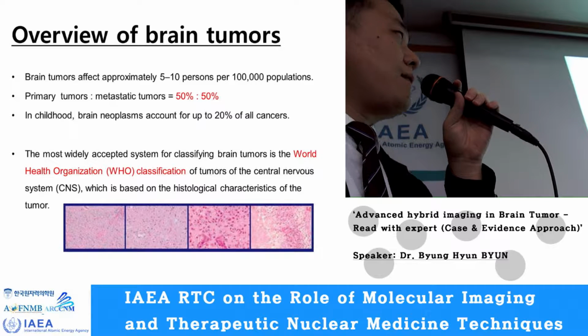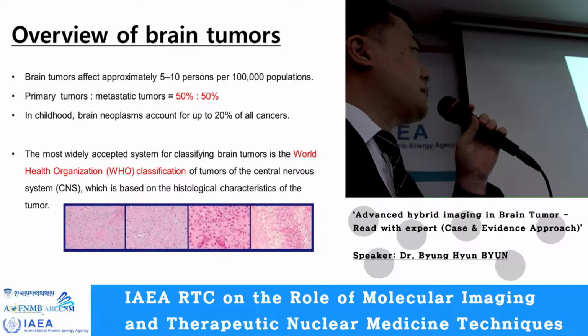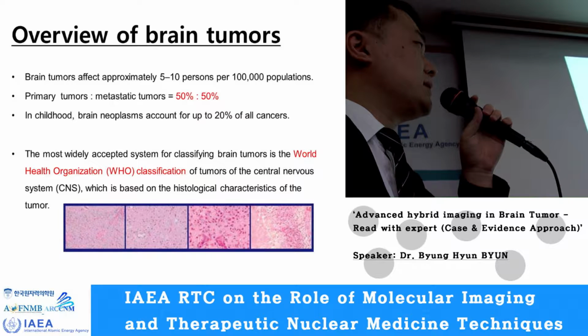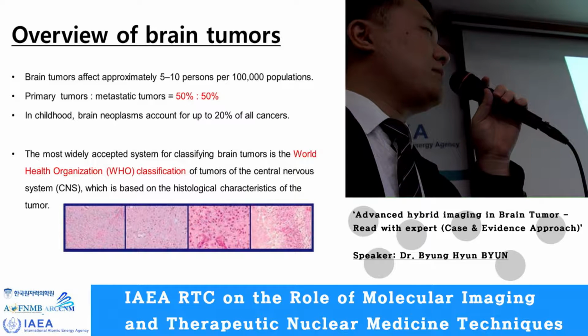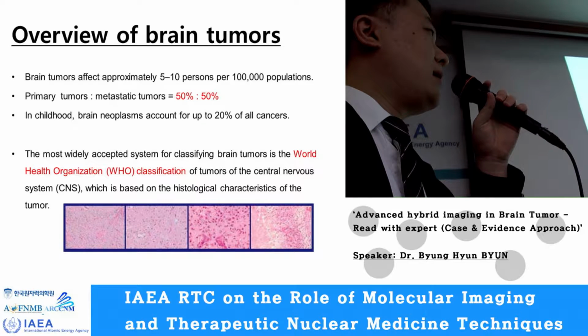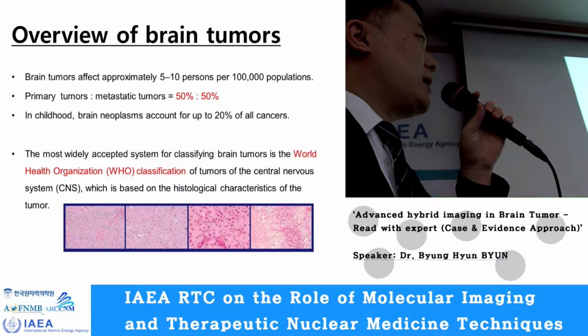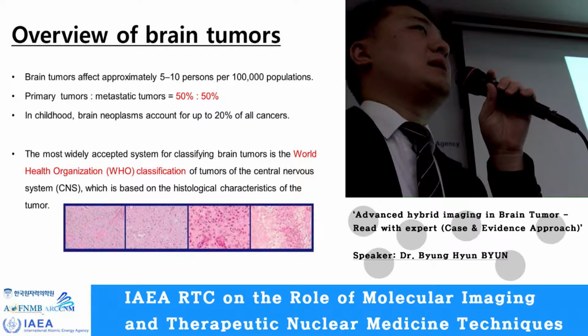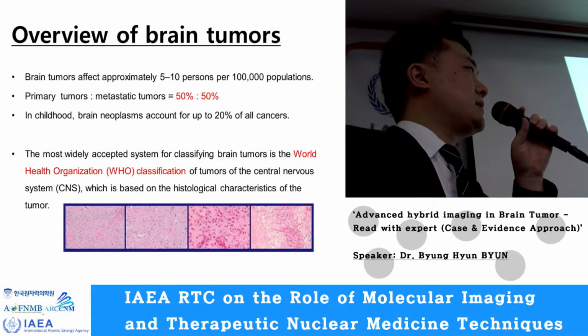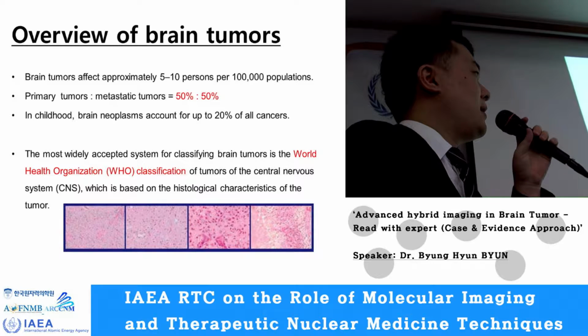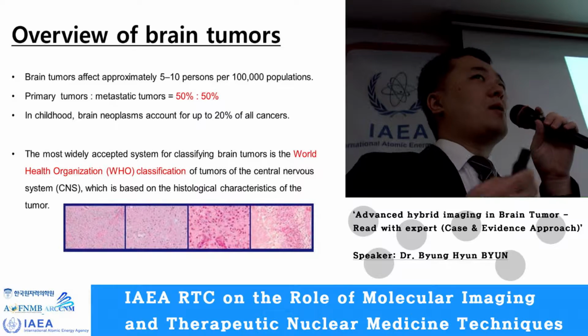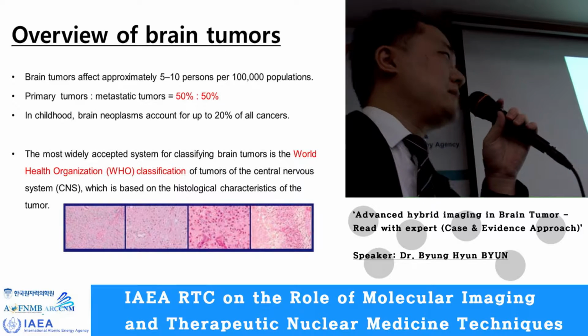Brain tumors affect approximately 5 to 10 per 100,000 population, and primary tumors and metastatic tumors are 50% to 50%, but actually metastatic tumors are more common than primary tumors.